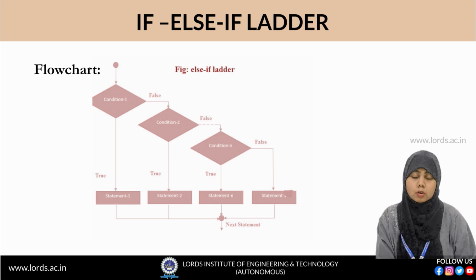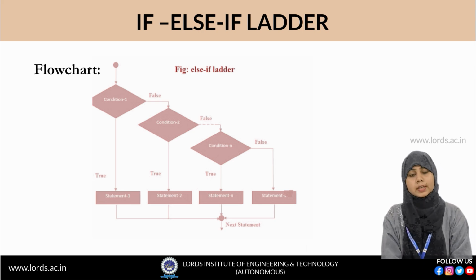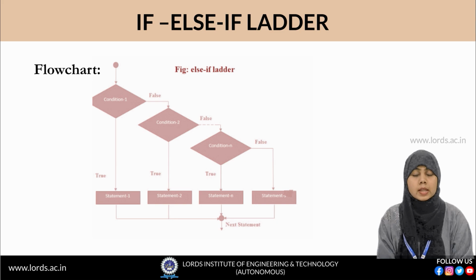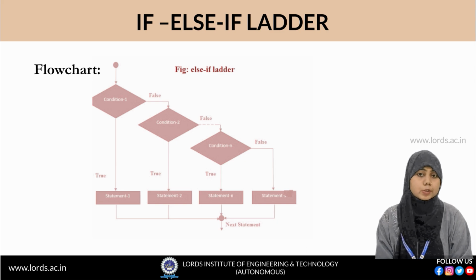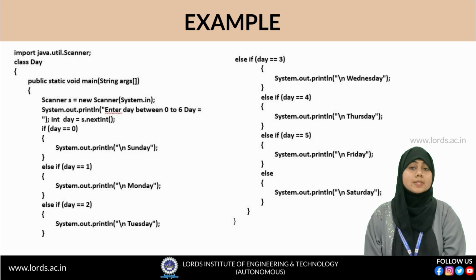Even if that is also wrong, then it moves to the third else if statement. So on, we can write n number of else if statements along with the if statement. Okay, so what if all the conditions are wrong? Then the else block is going to be executed. Let us see an example program of if else if ladder.